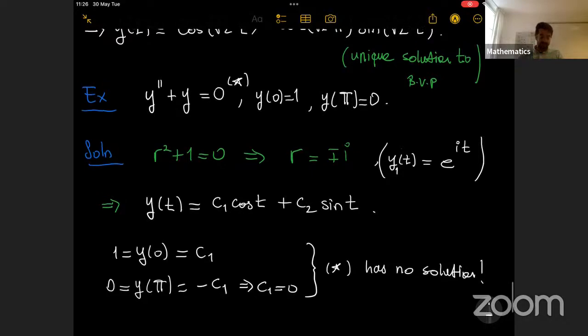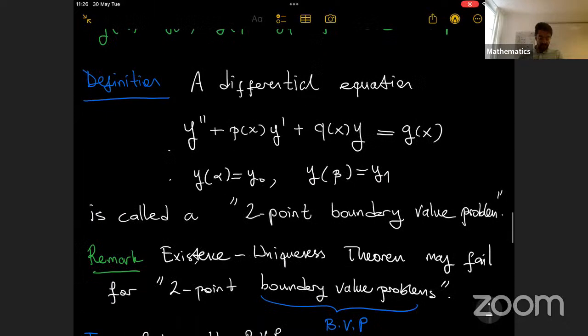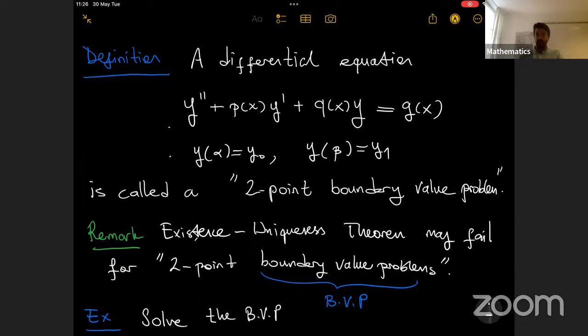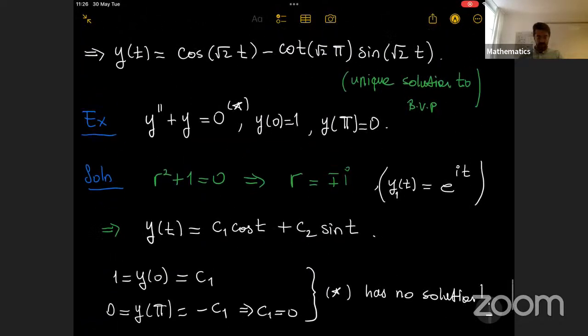As we said at the beginning, the existence uniqueness theorem may fail when we have two-point boundary value problems, okay? And here we have a two-point boundary value problem and we don't have any solution. So this theorem doesn't guarantee the existence of the solution in this case.